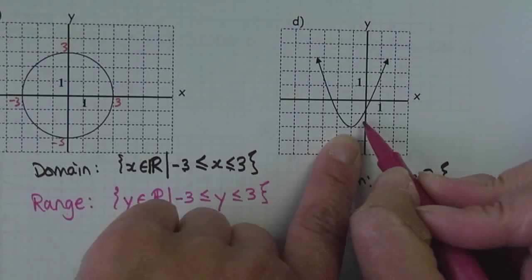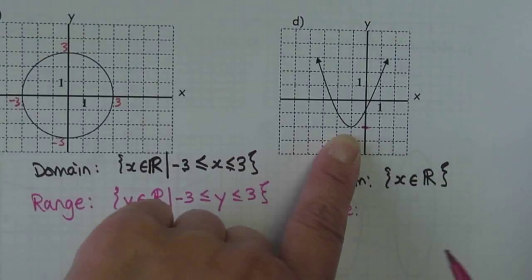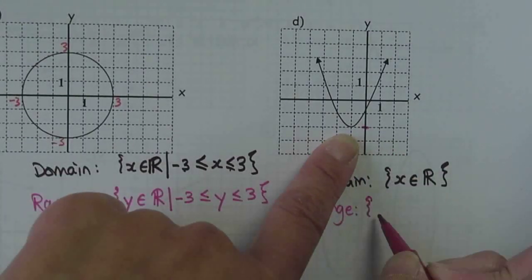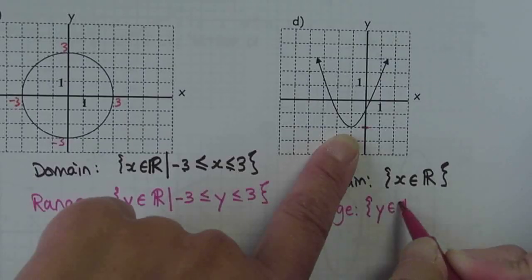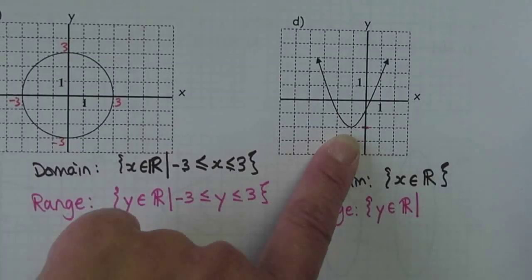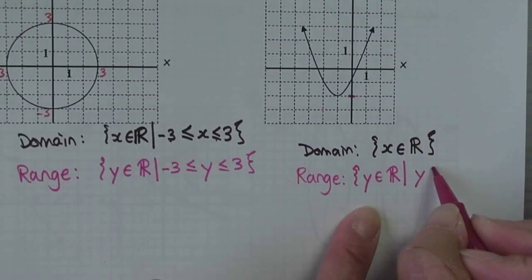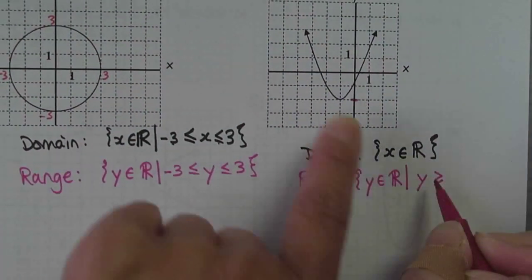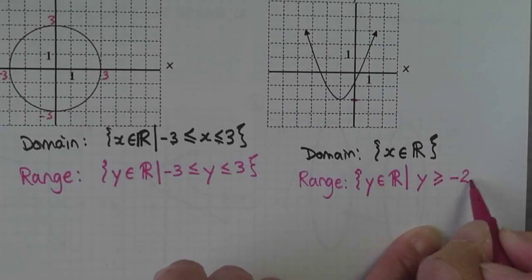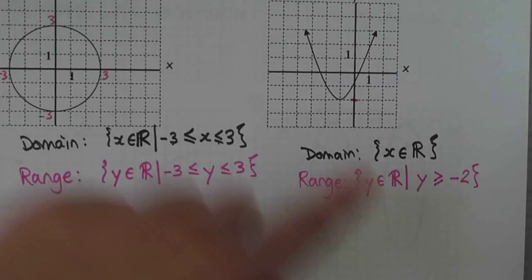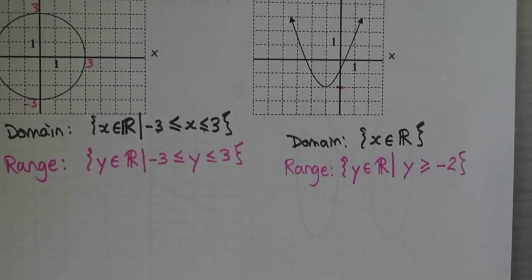So this one's opening up, starting here at -2. So I'm going to say y is an element of the real numbers such that, I'm just getting us used to that symbol, such that y is greater than or equal to -2.